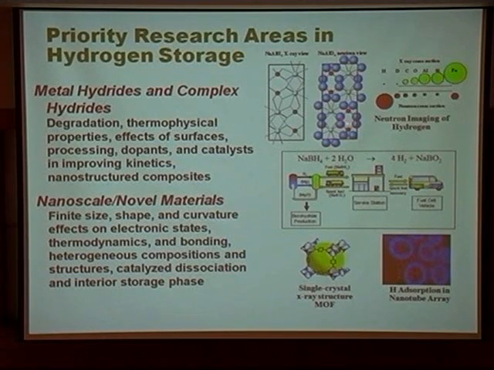This is a plug for SNS. Those of you who aren't familiar with the Spallation Neutron Source in Oak Ridge, one of the things that is very beneficial about studying hydrogen with a neutron source is that you have the ability to see these light atoms, which you can't with X-rays very well, and so you're able to see sorption on materials using the Spallation Neutron Source.